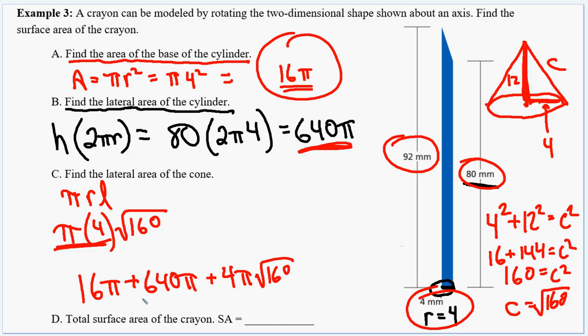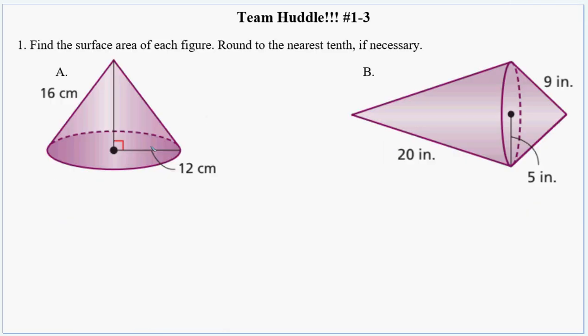So let's see, I'm just going to plug all those into my calculator as we go along. Total surface area of the crayon, 2,219.84, and our units would be millimeters squared. So there's our last example for today.